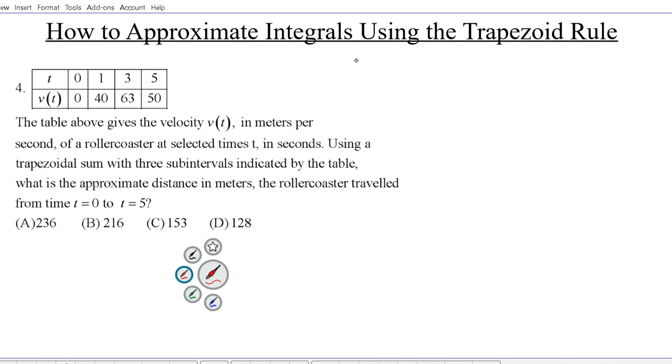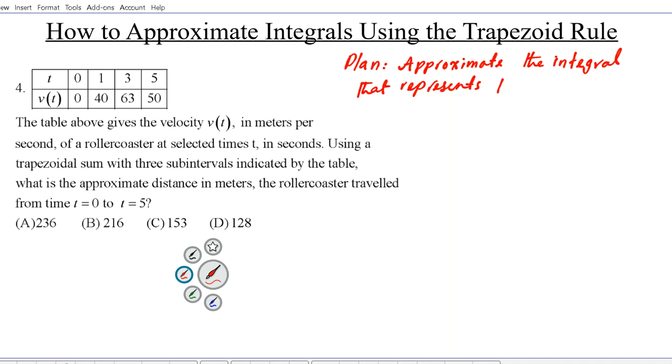Let's go ahead and write down our plan of attack here. What we're basically going to do is approximate the integral that represents the distance using the trapezoidal sum.